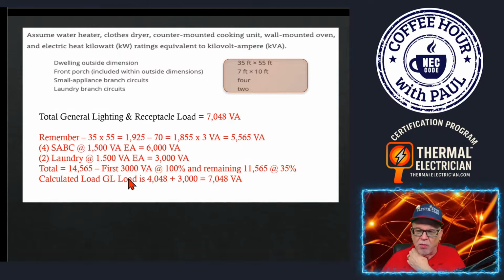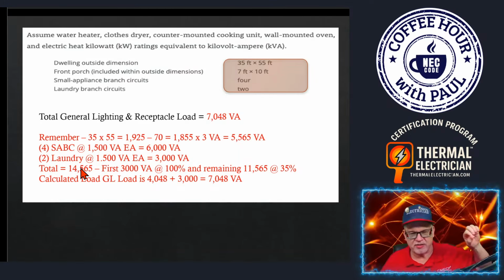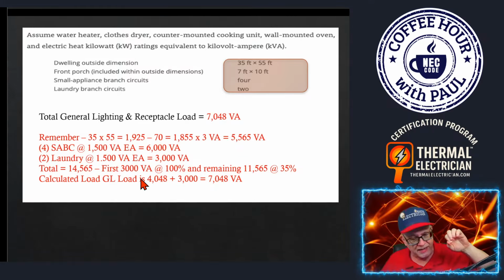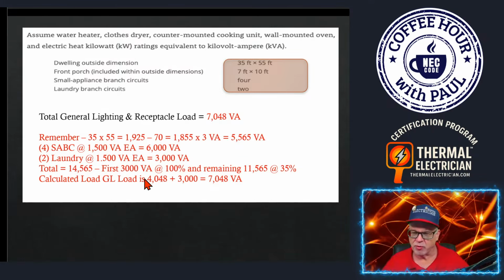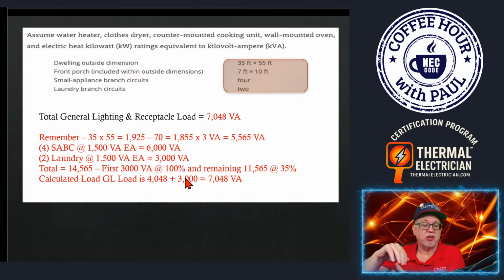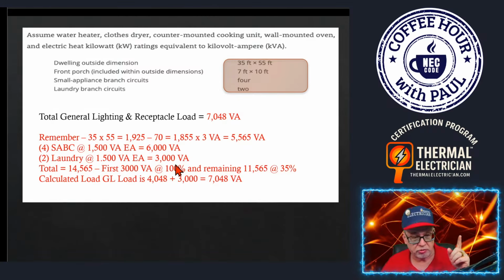Okay, so where did we get this 11,000? Well, we took the 14, took 3,000 and set it aside. That remaining 11,565, we took it 35%. And then we brought them back together. We took the 4,048, which is the 35% of this, and we added the 3,000 back into it. That was 7,048. So that's where we got our general lighting and general use loads, okay?